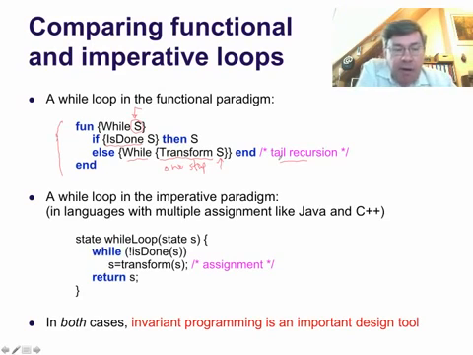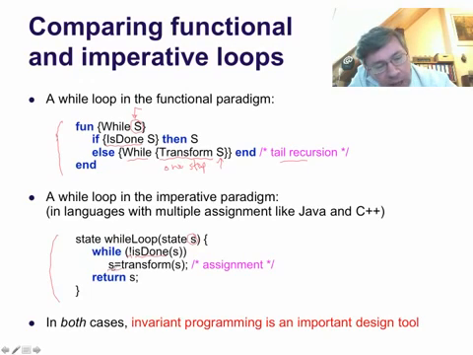In an imperative paradigm, a language with multiple assignments, such as Java or C++, we can write things in a very similar way. So here is a function called while loop, taking also a state, and while not is done S, here we have an assignment. Notice that the destructive assignment, assigning again to variable S the transformed value, corresponds exactly to the recursive call.